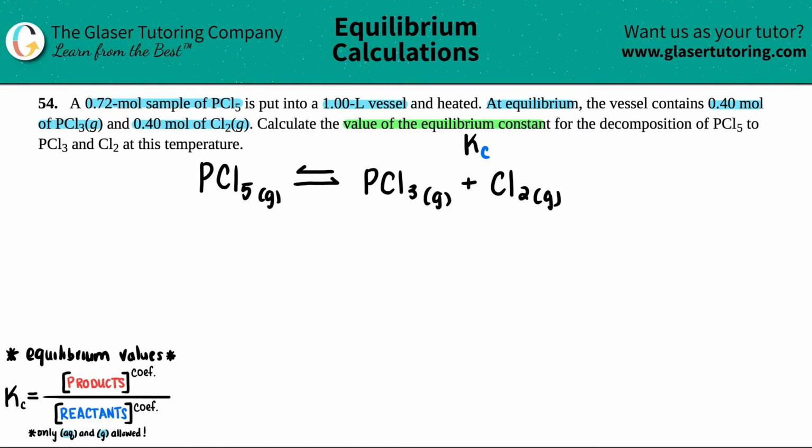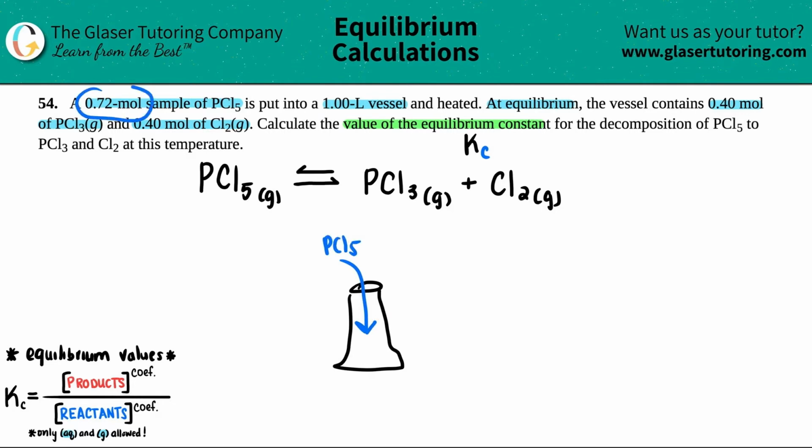So with this one, we've got to read the question a little bit more carefully. It said that a 0.72 mole sample was put into a 1 liter vessel and heated, right? So this was the start of the reaction. They literally had a vessel, here's my lovely drawing, and they only put in the PCl5.